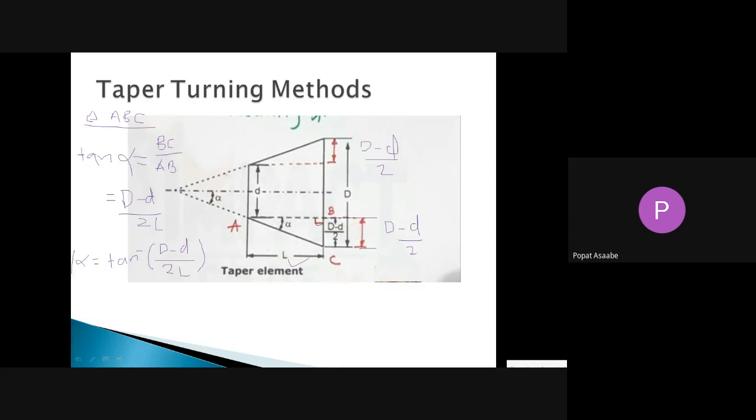Okay, with the help of this formula we can easily calculate the alpha, and alpha is nothing but our half taper angle. It is called the half taper angle.